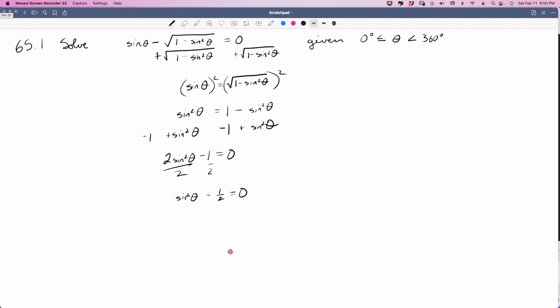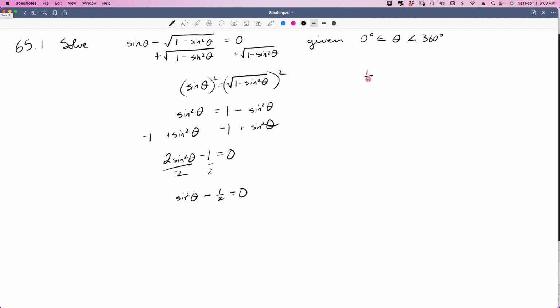Now if we're very careful and we pay enough attention, we see that this could be treated like a perfect square, except for this fraction here, 1/2. We have to think to ourselves, what times itself gives us 1/2?